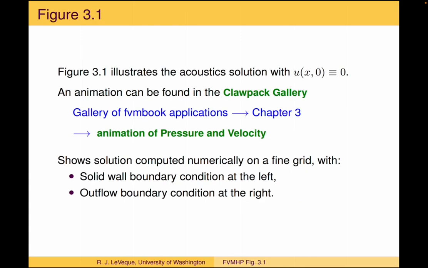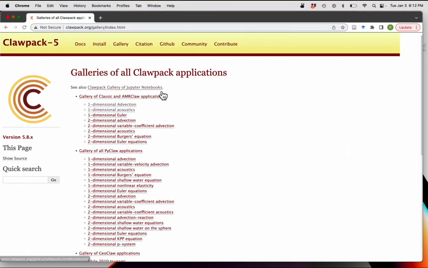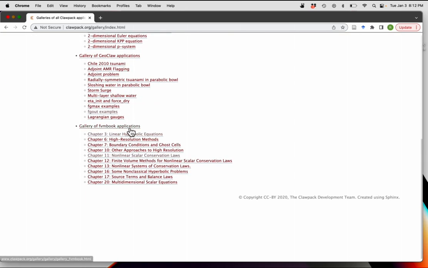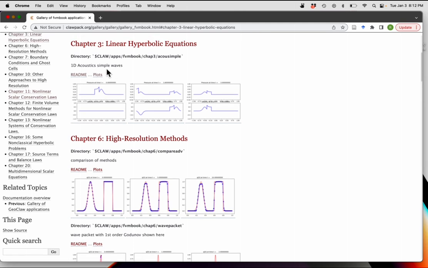So there's an example of this in the Clawpack gallery that comes along with the software on the web, which illustrates this and animates figure 3.1 in the book. So let me pull up the gallery. There's actually a number of things in here that might be of interest, but if we go down to the gallery of FVM book applications, this has some simulations that go along with figures in the book. Under chapter 3, there's 1D acoustics simple waves.